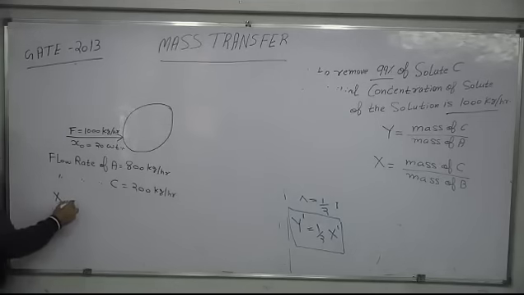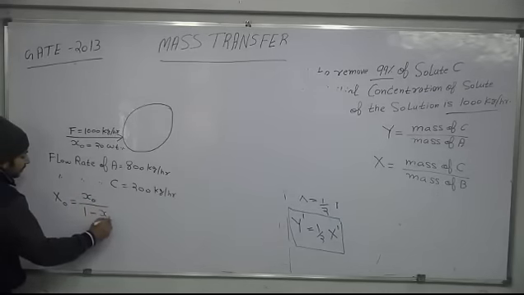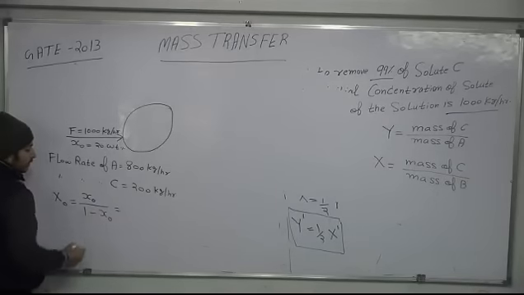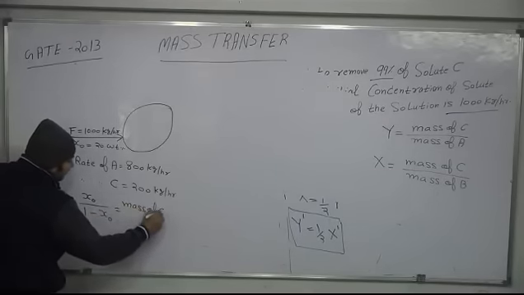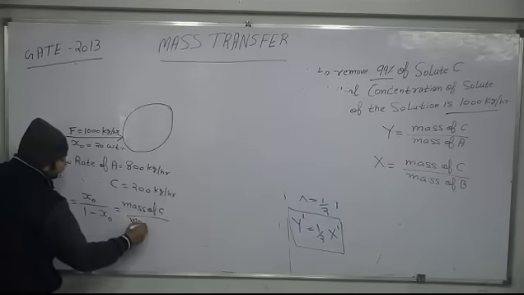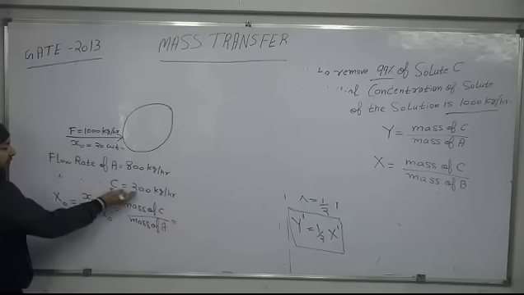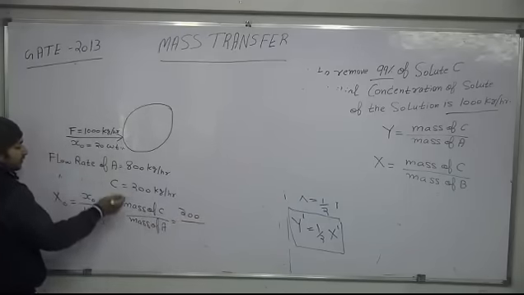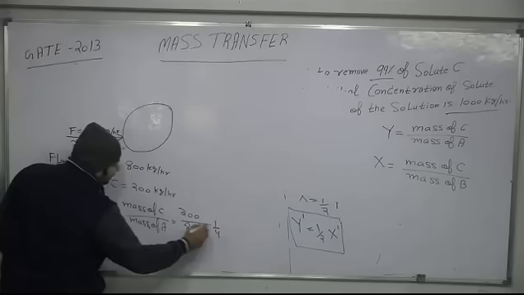I can determine it by two methods: either by taking the help of small x naught, or with the definition, mass of C to the mass of A. Mass of C is 200 and mass of A is 800, so it is 1 by 4.